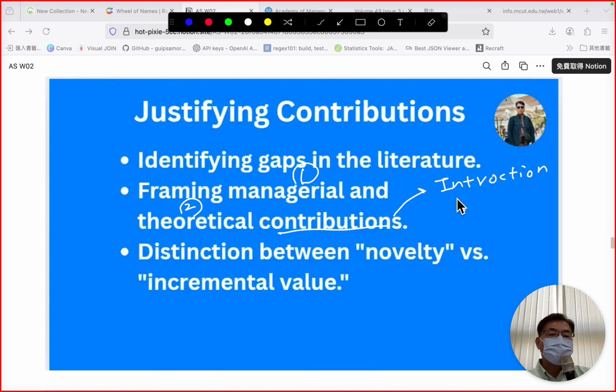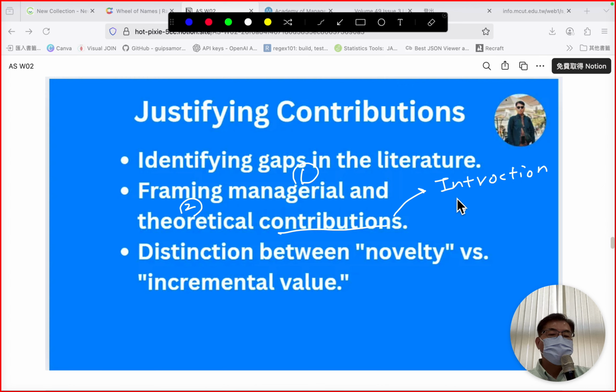Compare the research gap. Research gap, yes, of course, that's what we do. And this is one purpose of a literature review, to identify the gap in the literature. And what else? In the structure of a paper, the first section we call introduction, right?